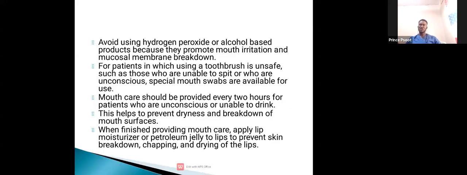When washing the mouth of a patient, you avoid using hydrogen peroxide or alcohol-based products because these can promote mouth irritation and mucous membrane breakdown. For patients for whom using the toothbrush is unsafe, such as those who are unable to spit or those who are unconscious, special mouth swabs are available for use.